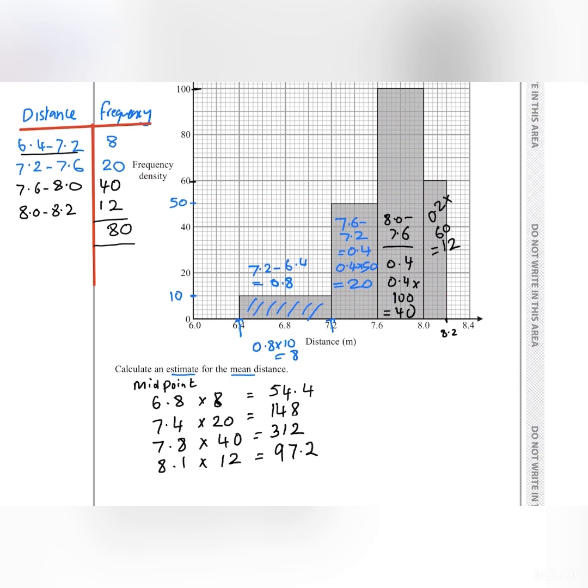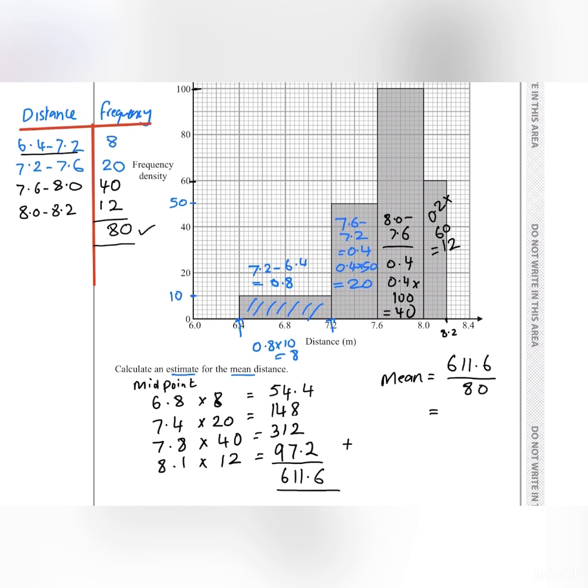Okay, so if you work this out, these are the values you're going to get. And then to estimate the mean distance, we want the total distance covered. Now, if you add all of them together, we get 611.6, and the estimate of the mean would be 611.6 divided by 80 altogether, because there are 80 competitors.